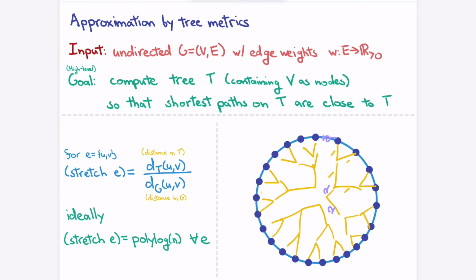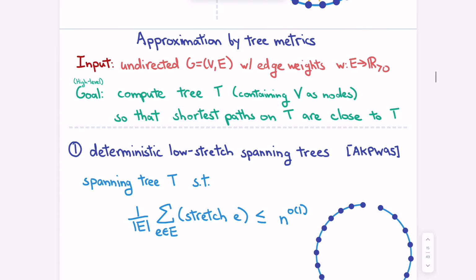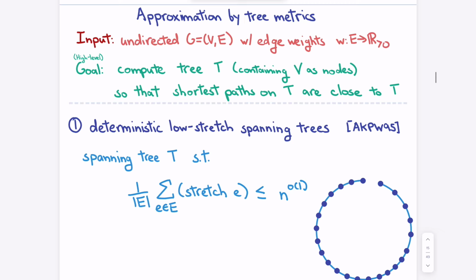Okay, so good. At some level, we can't get uniform stretch over all edges. So there are two different kinds of relaxations. One is to take the average stretch over all the edges. Try to come up with either an auxiliary tree or a spanning tree.